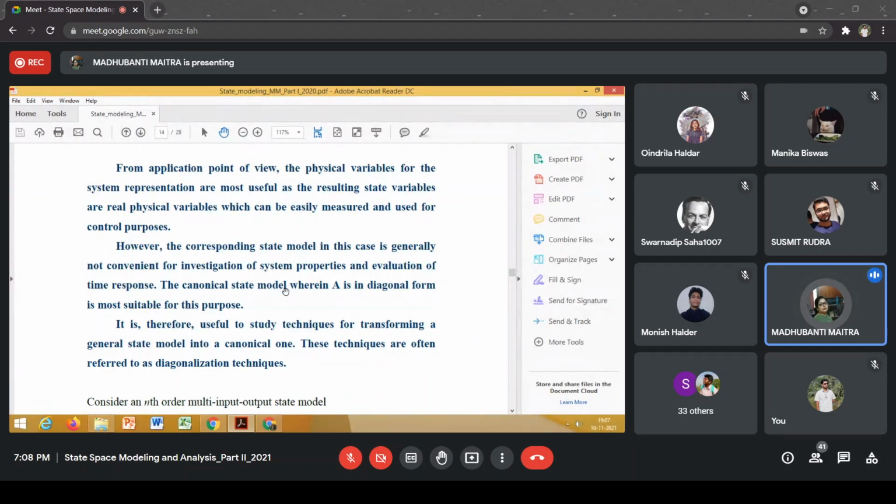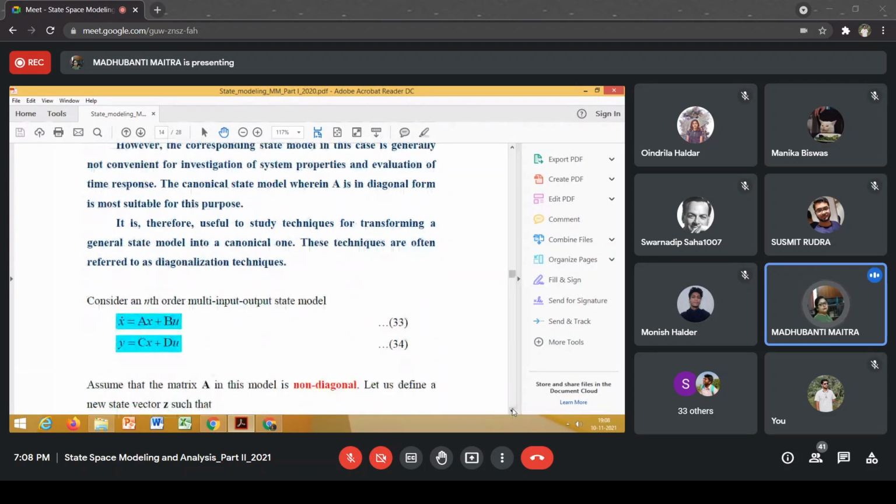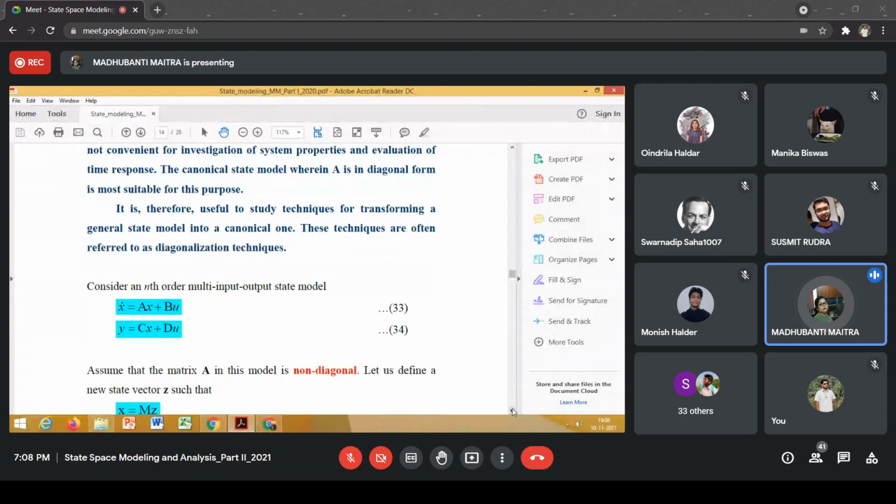Now, the canonical state model, where the system matrix is diagonal, there we have seen that the n state equations are decoupled in nature, and very easily we can perform integration analytically, and we can obtain the time responses of all the state variables, right? So that's why the canonical or normal form has its own merit.